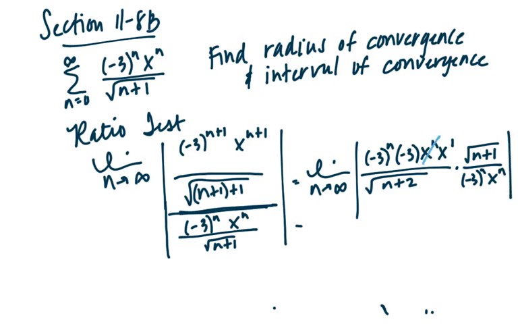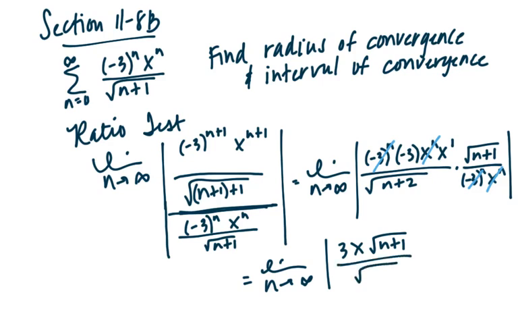So the x to the n's cancel, the negative 3 to the n's cancel. Now in the numerator we have negative 3, but the absolute value of negative 3 is 3, so we don't need to write the negative. And we have an x, and the square root of n plus 1 over the square root of n plus 2.